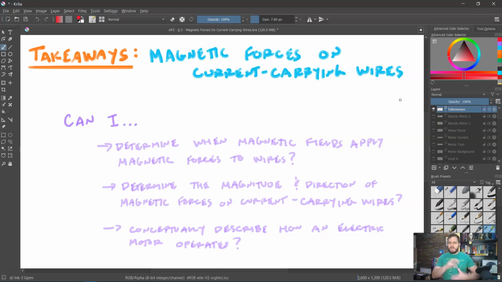And lastly, can we conceptually describe how an electric motor operates? One, kind of thinking about all the pieces that go into place, but also remembering that at its core, what it's doing is allowing us to transfer electrical energy into mechanical work.